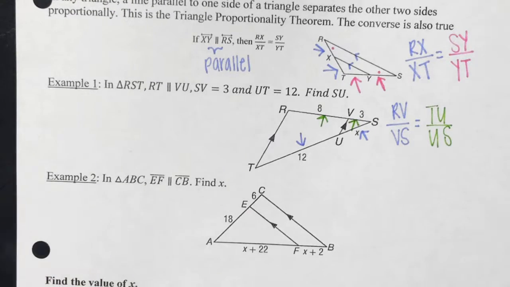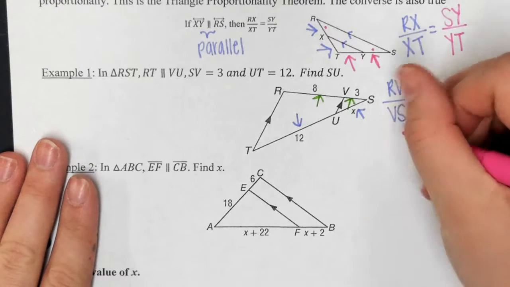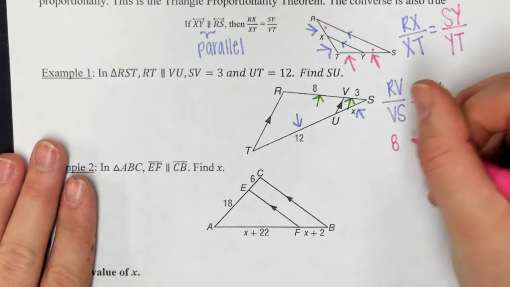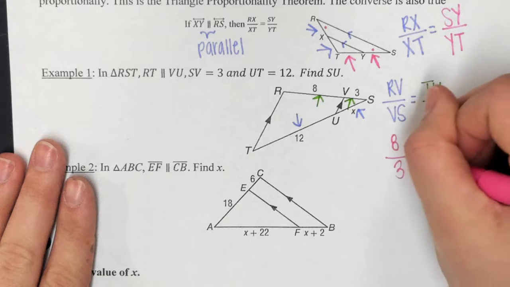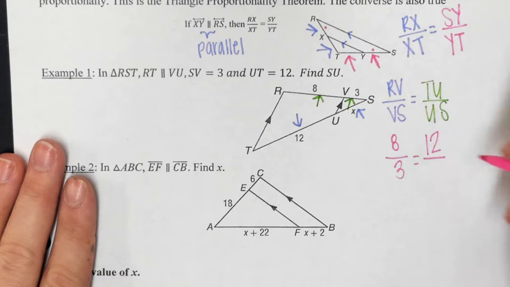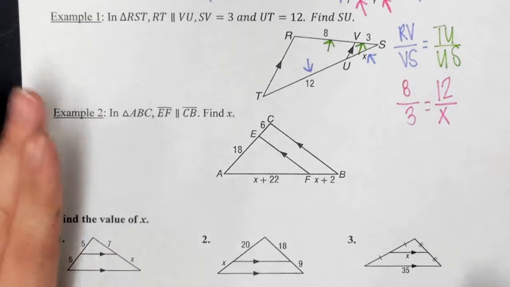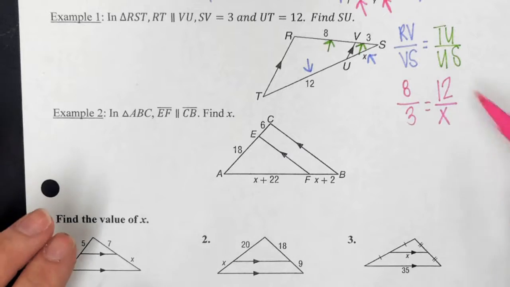Okay, now plug in the numbers you know. What's RV? 8. What's VS? 3. What's TU? 12 over, and US is X. Now how would I solve this problem?